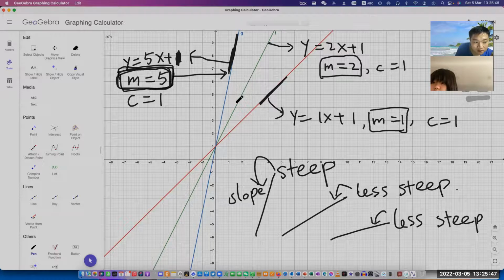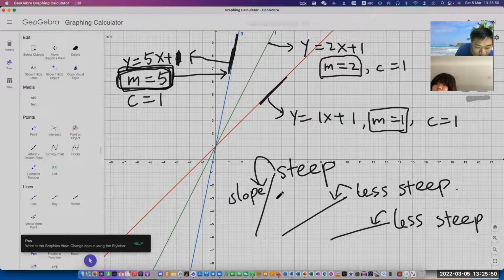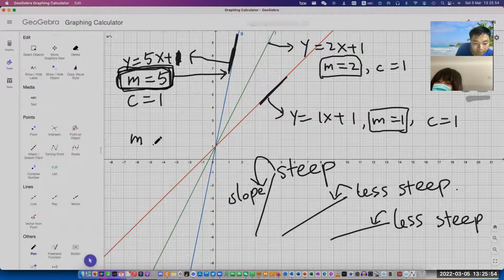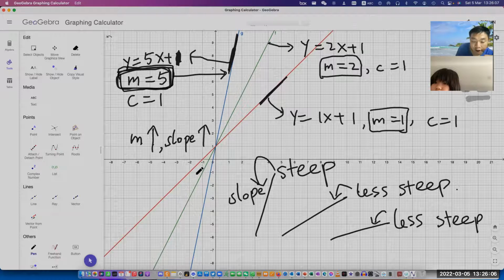Okay, so mathematically, when you increase the m, on the graph paper or physically, the slope will either increase or decrease. It depends on your gradient.